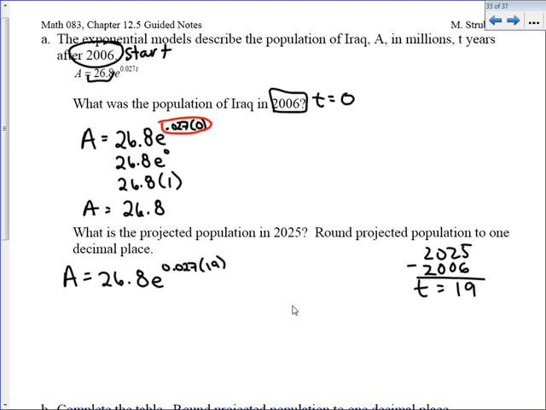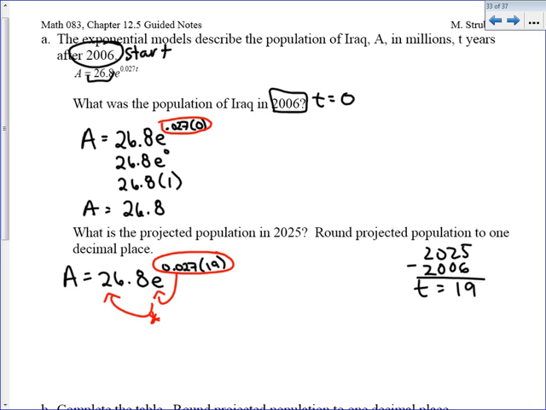If you're working with a scientific calculator that does not hold the display, you're going to start by multiplying these two numbers together. Then you're going to step back and find the E, and then step back and hit times 26.8.